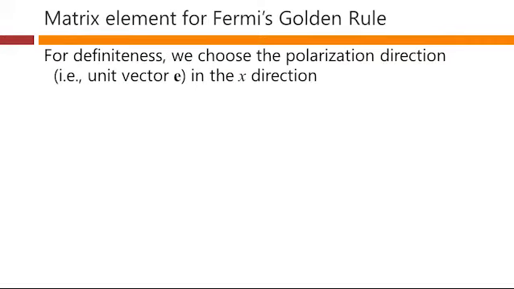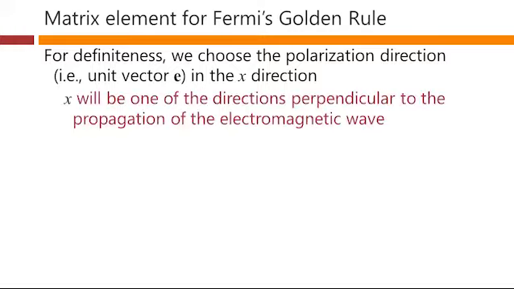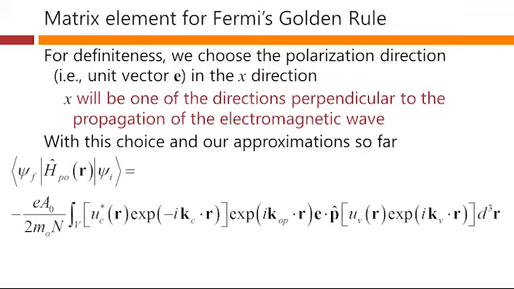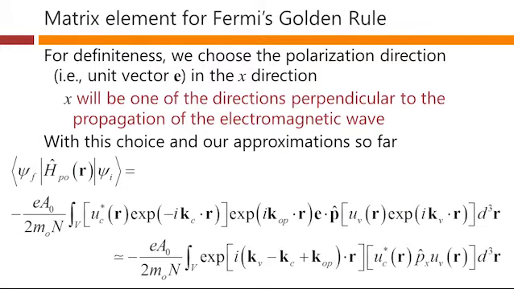For definiteness, we'll now choose a polarization direction, that's this unit vector E, to be in the x direction. That's going to be at right angles to our propagating wave, so that's a valid electromagnetic wave. With this choice and our approximations so far, this matrix element and the formula we just wrote out before is going to simplify somewhat.